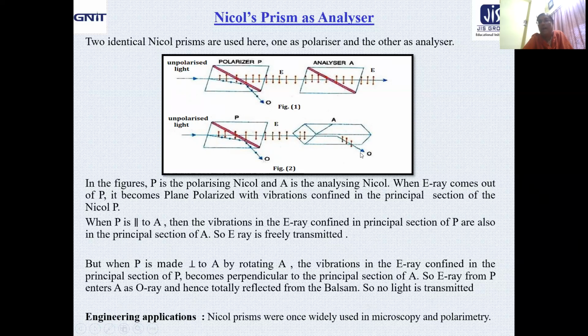Naturally, you will find the O ray will suffer total internal reflection and simply it will be absorbed at the black coating and beyond the analyzing Nicol, we will get no light at all.